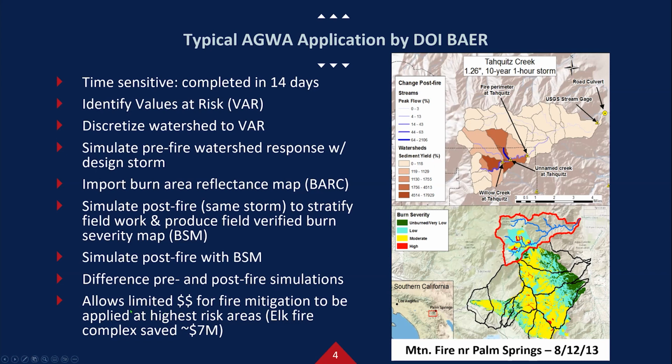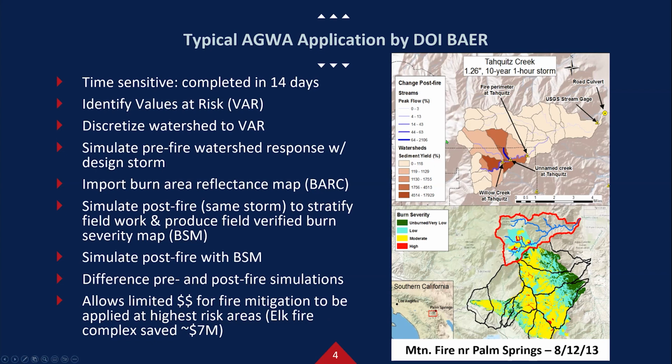And so again, this allows limited resources or stabilization funds for fire mitigation to be applied to the highest risk areas. And in the case of the Elk fire in Idaho, they saved roughly $7 million. So their default position is that if there's an area that shows severe or highly severe burn area, some action will be done to stabilize it.